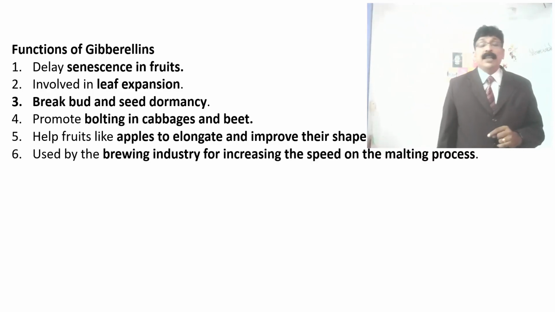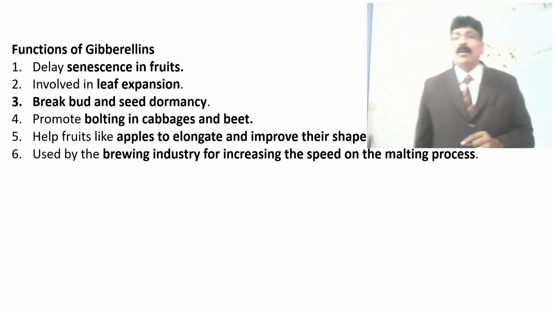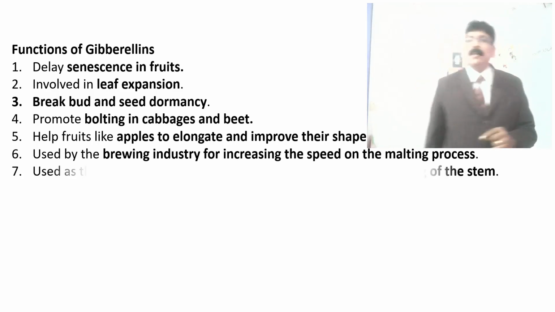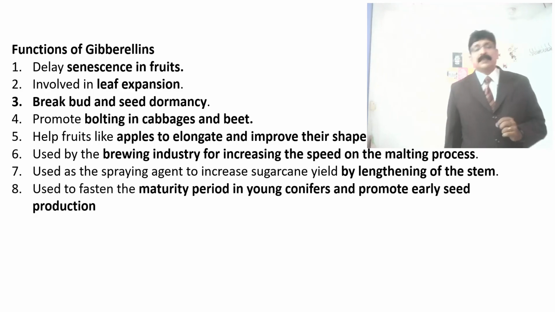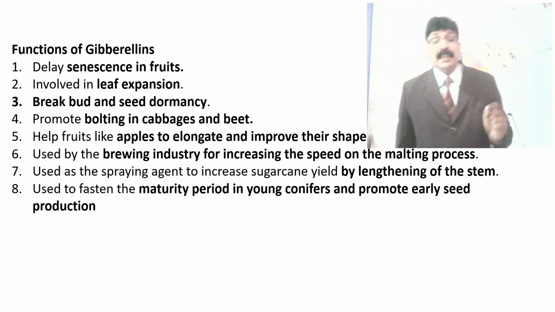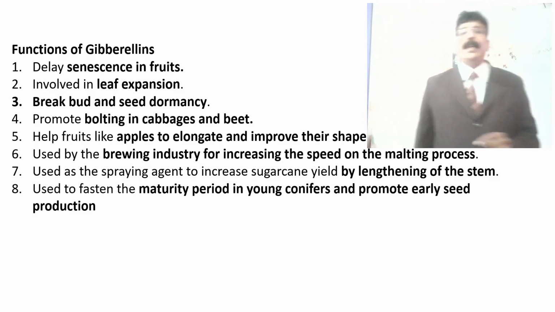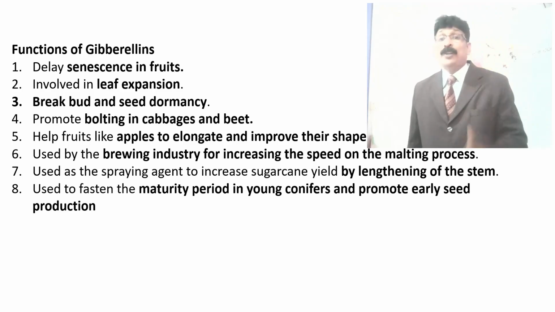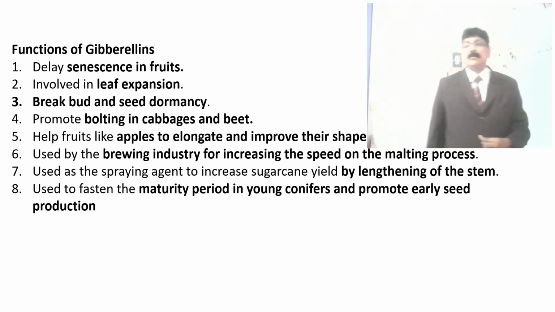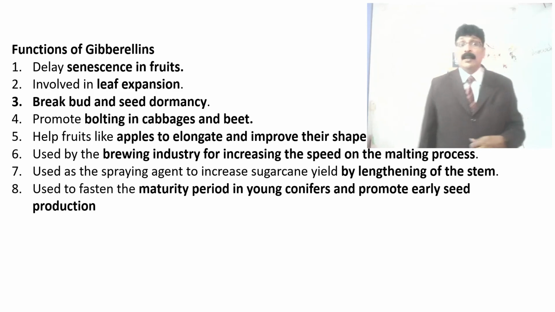They are used by the brewing industry to increase the speed of the malting process. They are used as a spraying agent to increase sugarcane yield by lengthening the stem. They are used to hasten the maturity period in young conifers, cone-bearing plants, and promote early seed production.